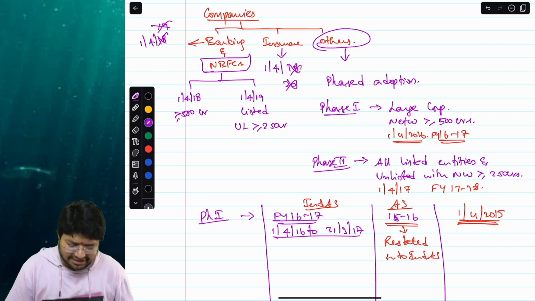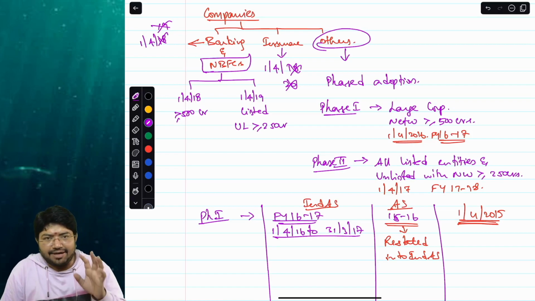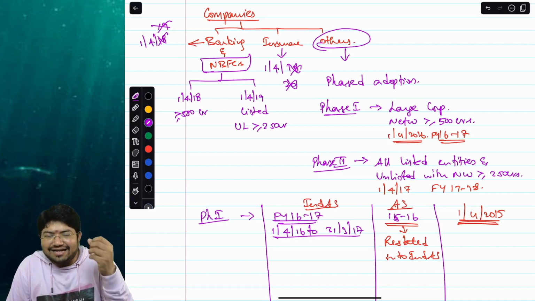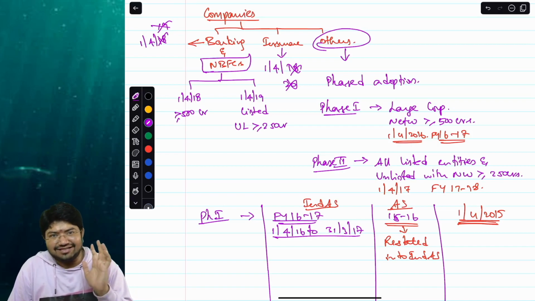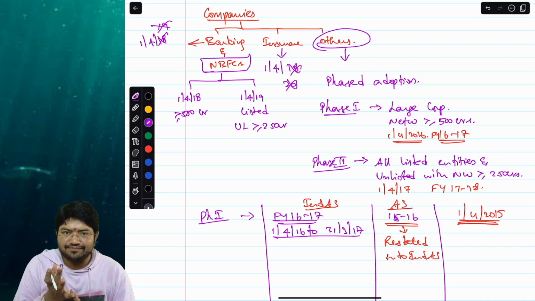Okay. If you are an NBFC or if you are another entity, and if you happen to be a listed entity today sitting in 2023-24, it is mandatory for every listed entity to prepare financials only under Ind AS. Listed entity, by default it is mandatory.